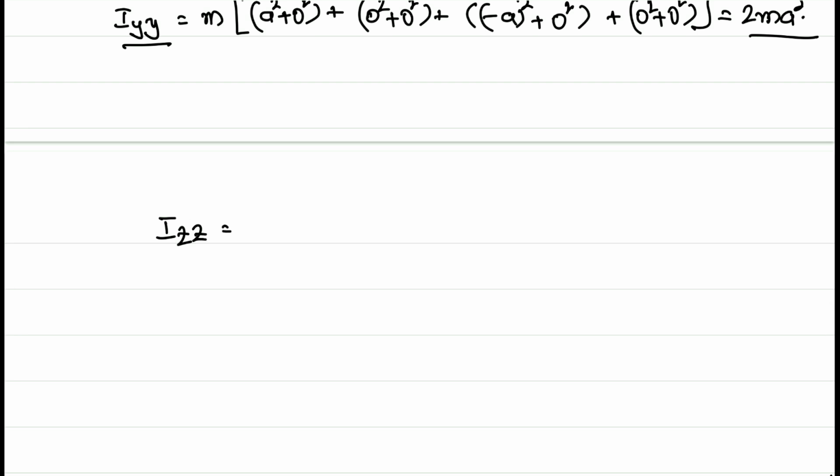Now what is the value of Izz? Izz is equal to sigma mi (xi square plus yi square).